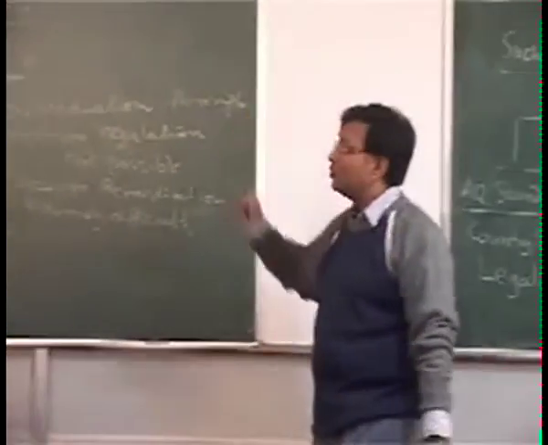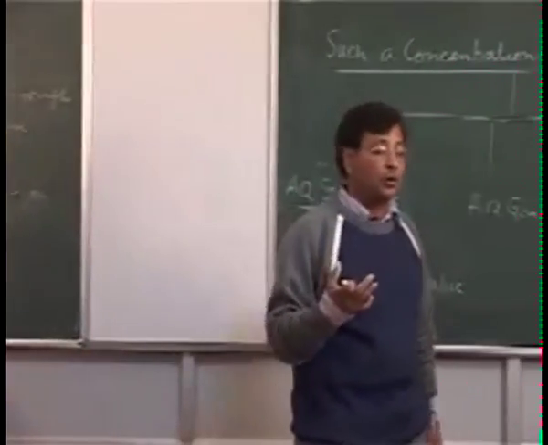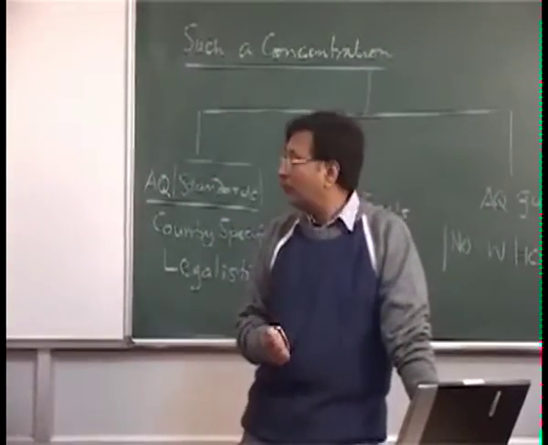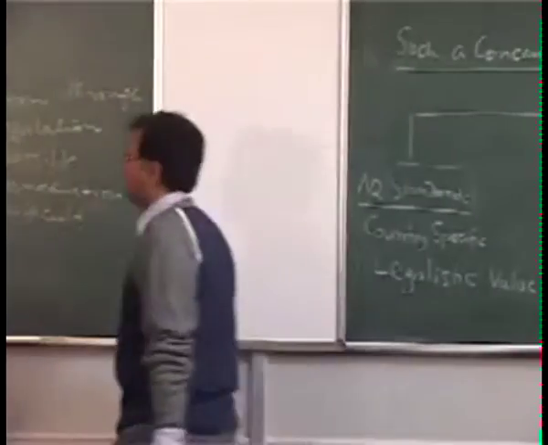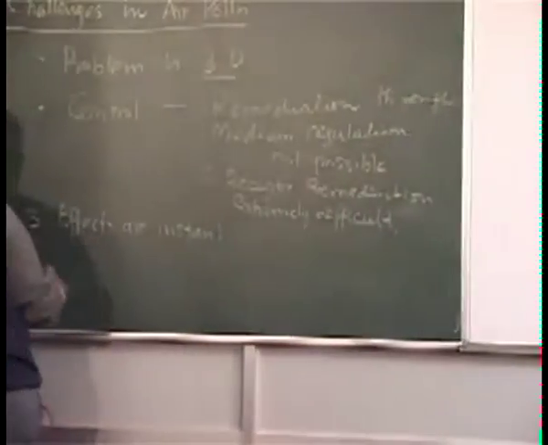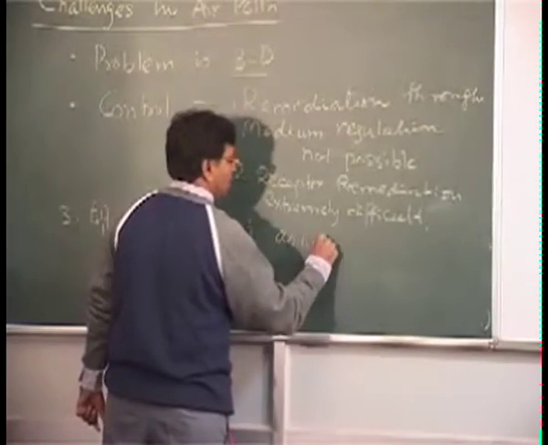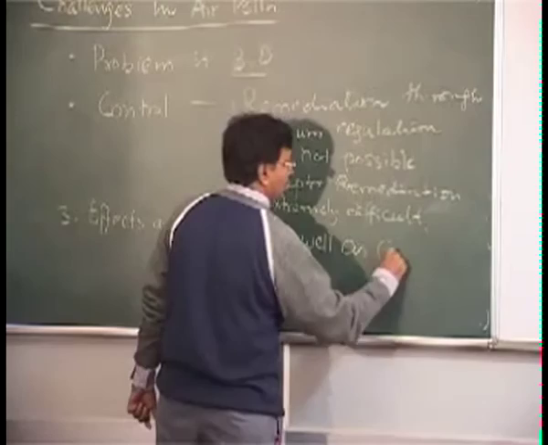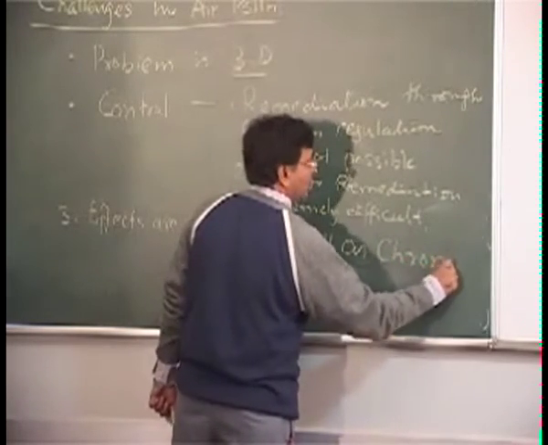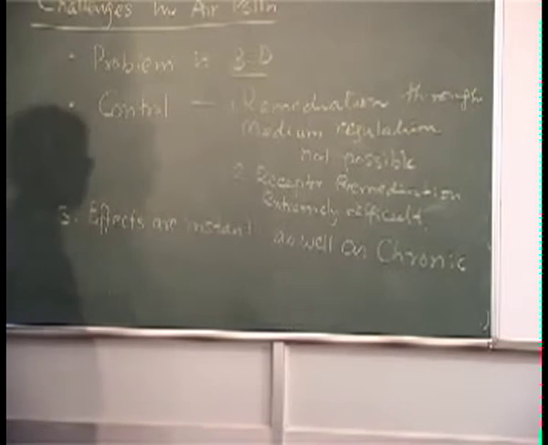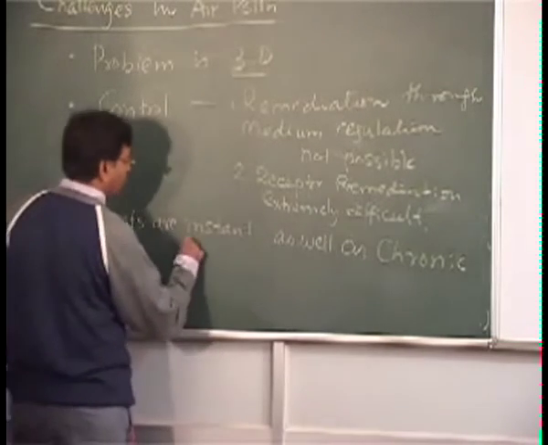So again, air pollution study, air pollution control or air pollution management becomes very, very challenging. As a result, the effects are instant as well as chronic. There can be instant effects, which we sometimes call acute.